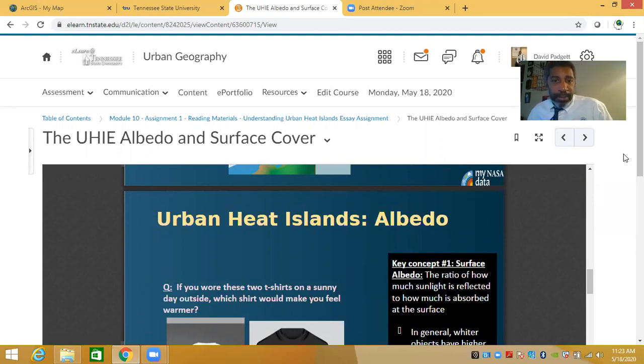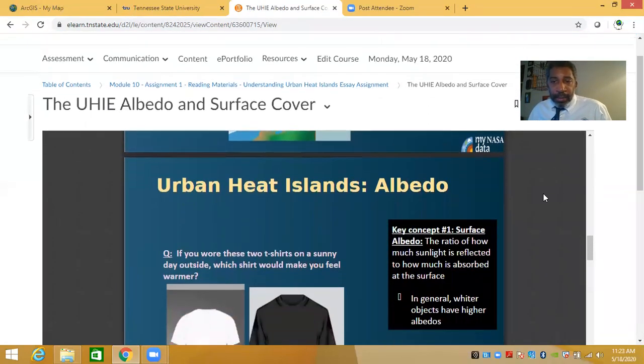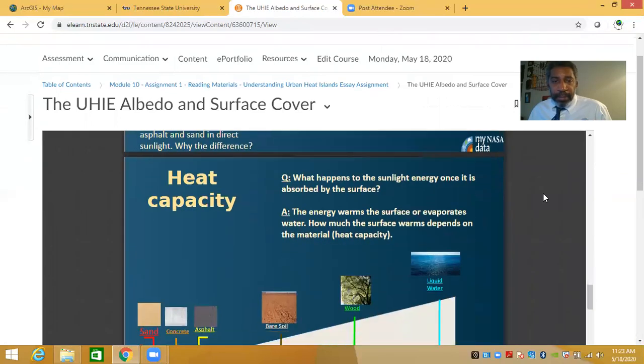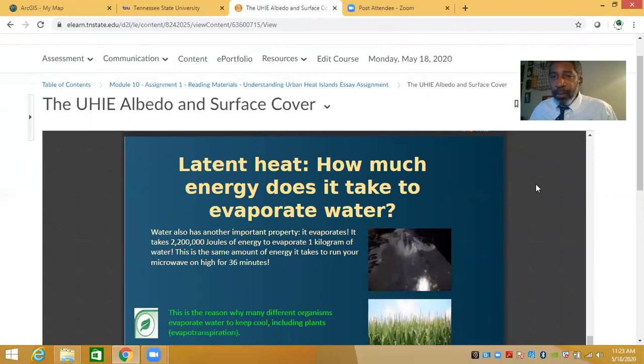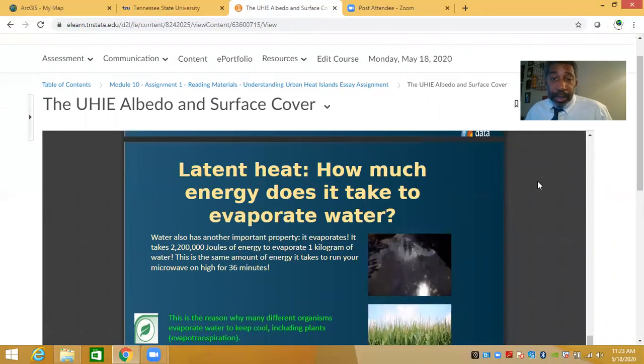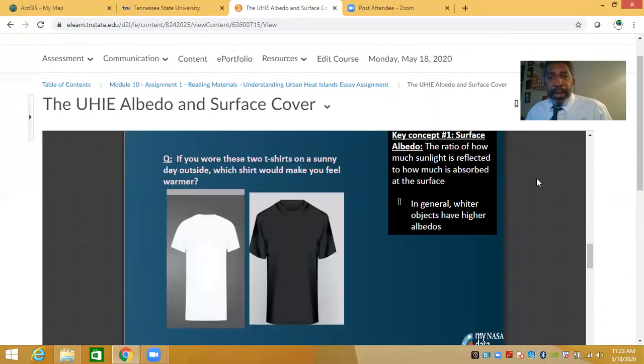And you should read about that in this very good PowerPoint presentation called the Urban Heat Island Effect, Albedo, and Surface Cover. This one is the one that you really should read along with some of the other materials.